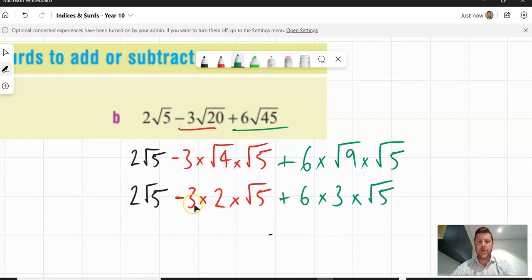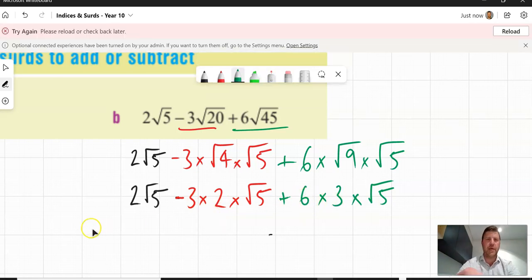Now I can go through and simplify this by multiplying these numbers here. So I'm going to keep the 2 root 5 the same.